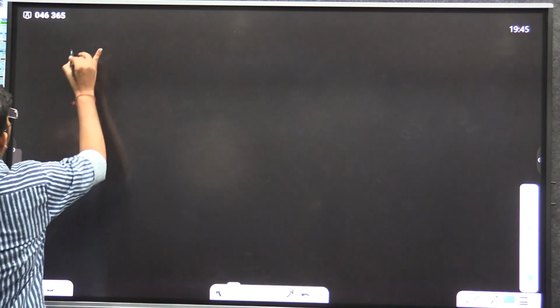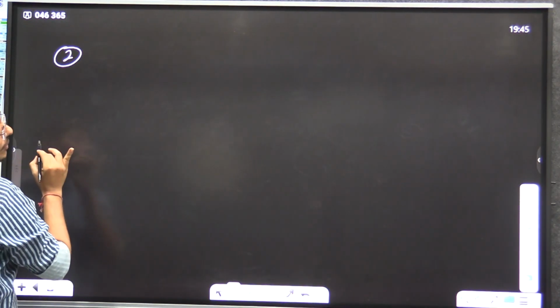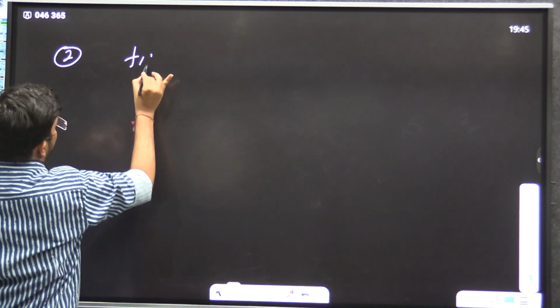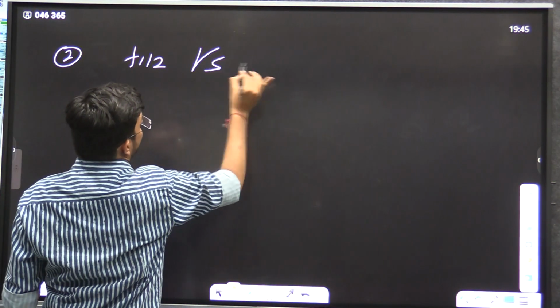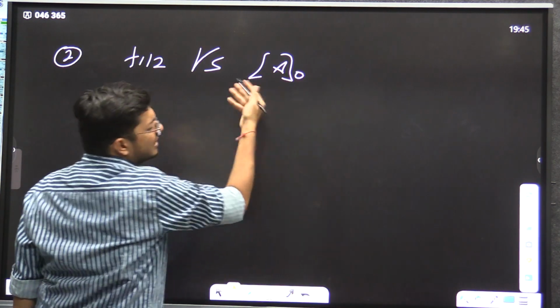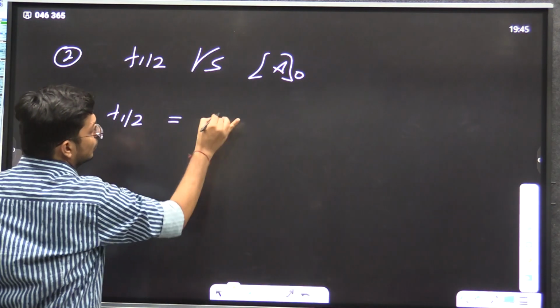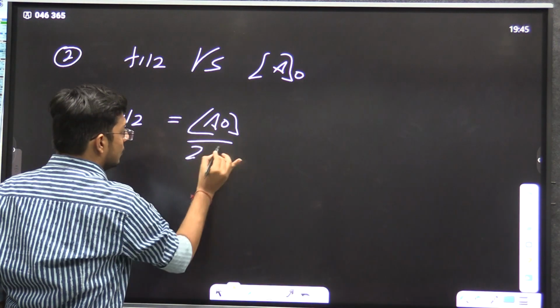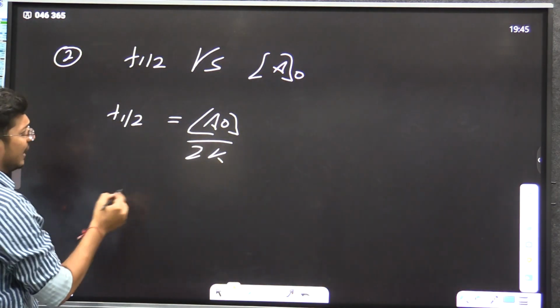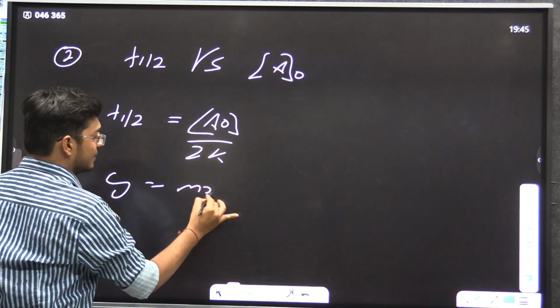Now the next graph for the zero order is half-life versus the initial concentration. This is a very simple graph. As we know, T half is equal to A naught by 2K. Just put this in y is equal to mx.